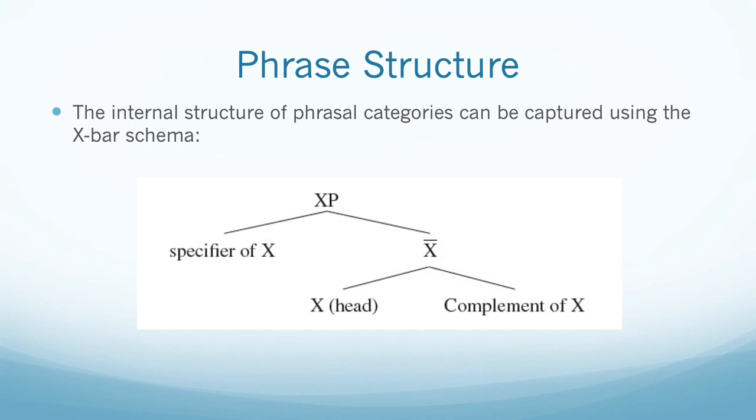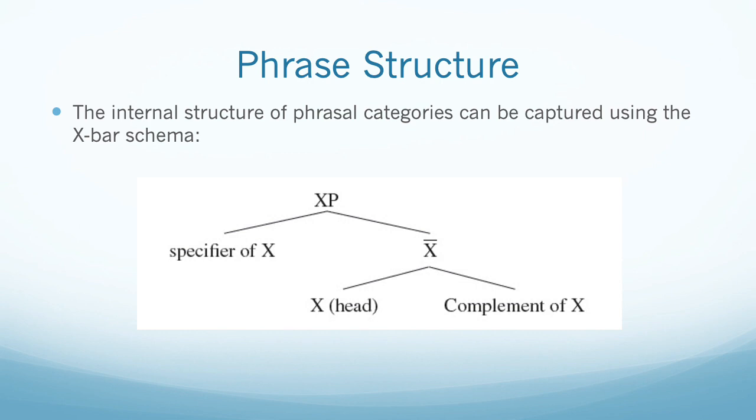Now remember, whether there's a specifier or a complement actually in here is going to depend on those rules. It depends on what type of word we're using, if we're using a transitive verb or an intransitive verb or something like that. But this template here allows us to put all of those optional things in.